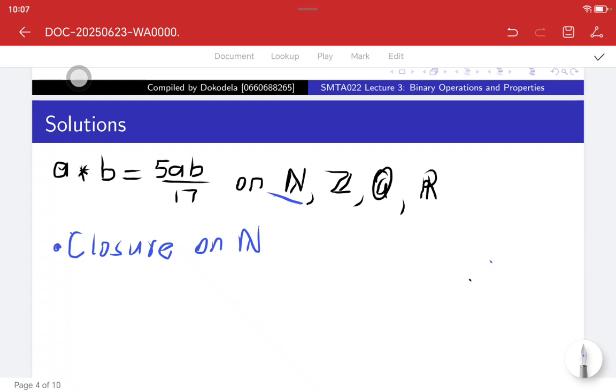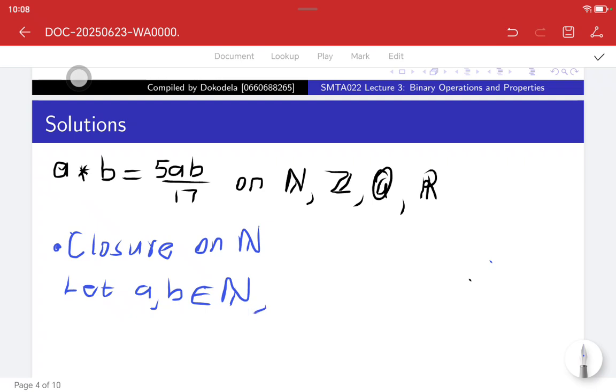Now we're supposed to check closure on N. Every time we're checking closure, we're gonna have to take two elements arbitrarily. So it means that I'm not gonna take numbers. I'm just gonna take variables A, B, which should be an element of the set which I'm dealing with now. So this is going to be an element of a natural number.